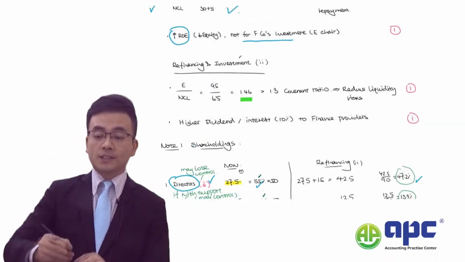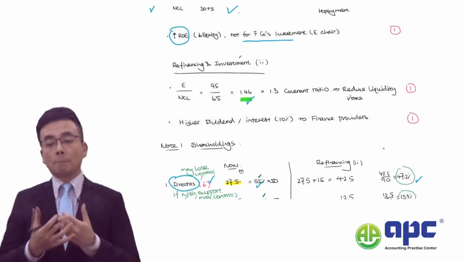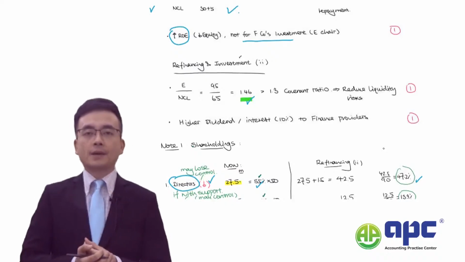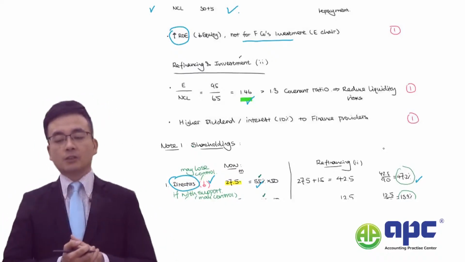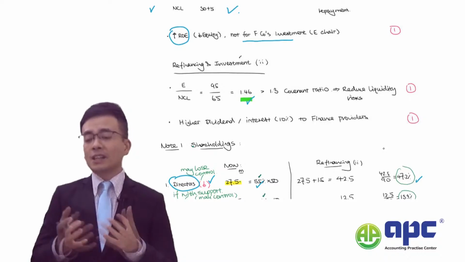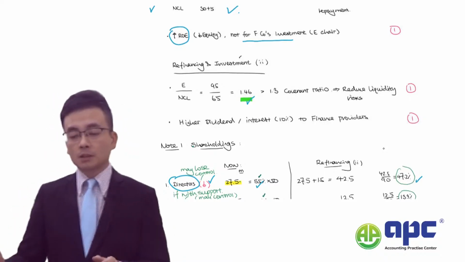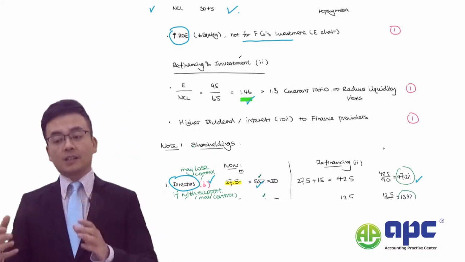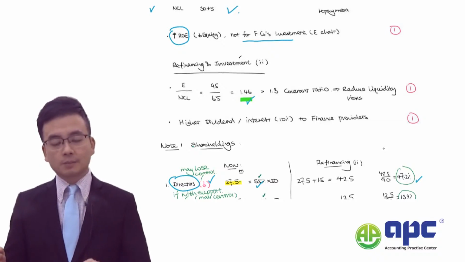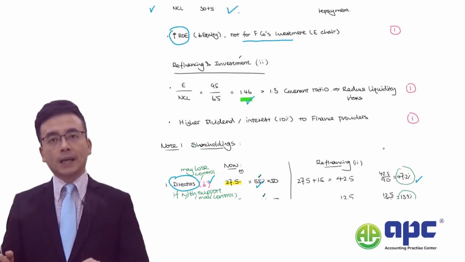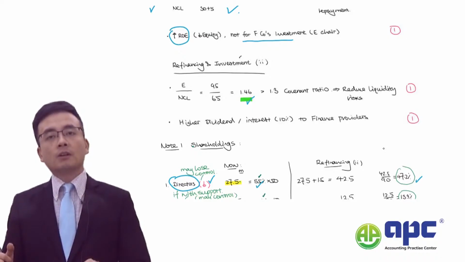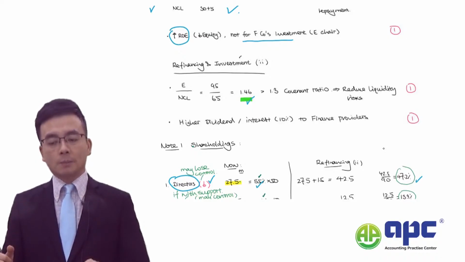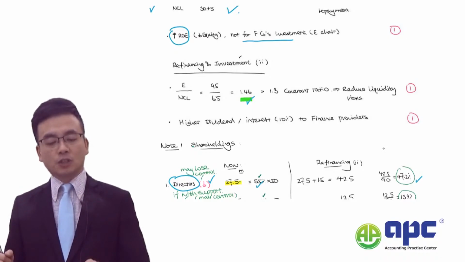That's 1.46, now above 1.3 of our safe covenant ratio. I would say that with the second plan, to a certain extent you are reducing liquidity risk because you are swapping the debt with equity. You're not really paying that much fixed interest.